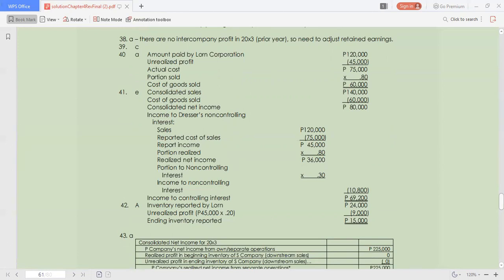Actually, this is gross profit, but we are not given the amount of expenses.